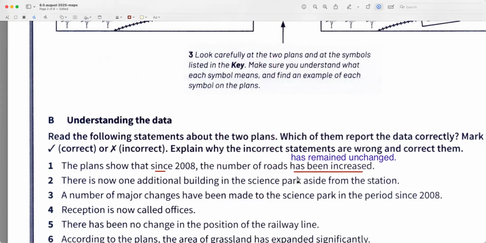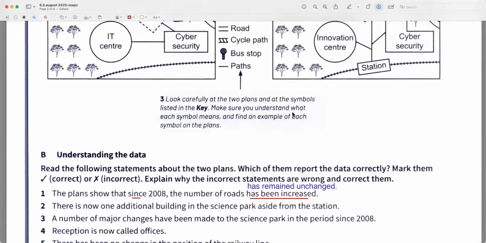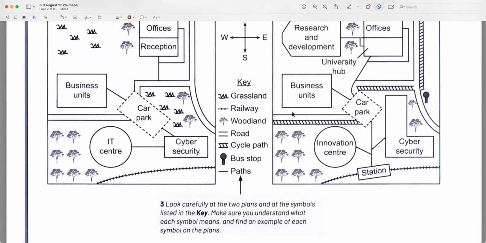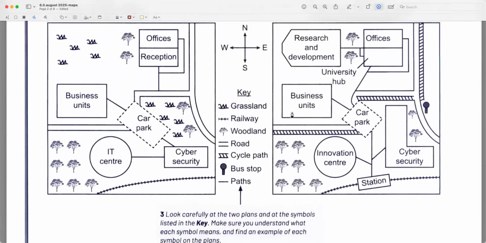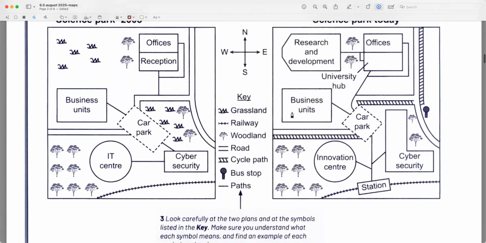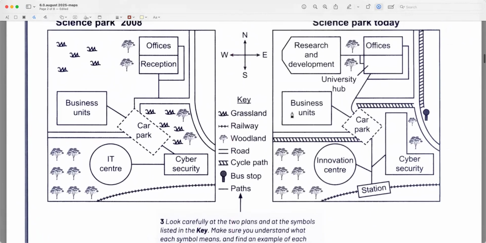Why is it incorrect? Because in front of the station we have the innovation center in the science park now, but in 2008 we only had the IT center, so the innovation center is replaced, so it is a new one.